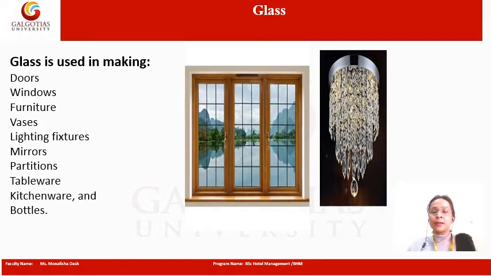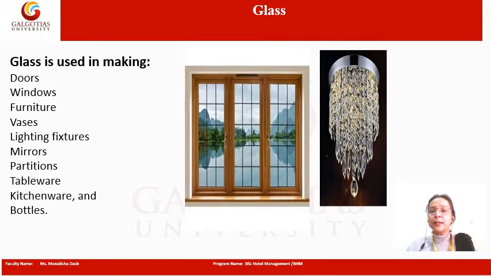These are all the areas in a hotel where the glass surfaces are usually used. It can be glass doors, windows, glass furniture, vases, lighting fixtures, mirrors, partitions, tableware, kitchenware and bottles.